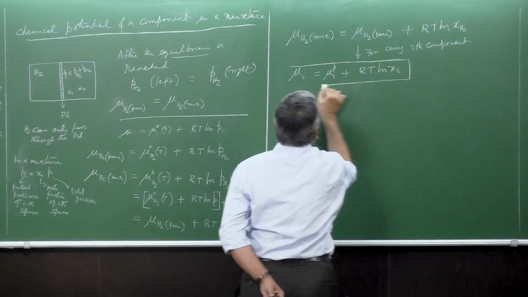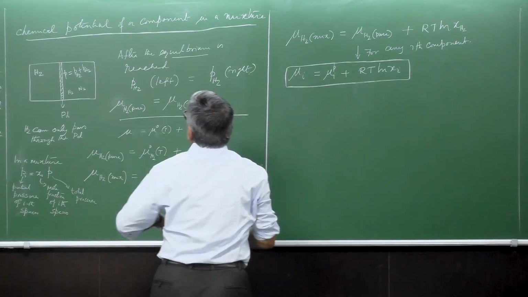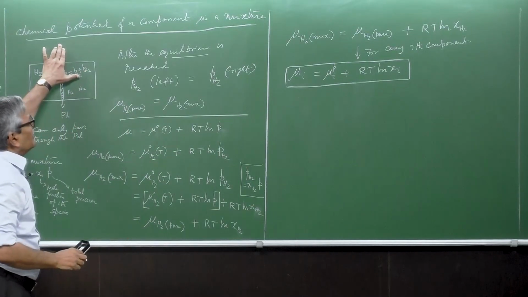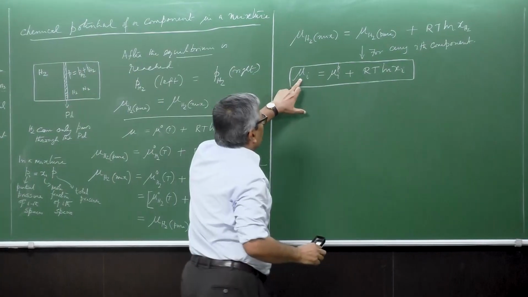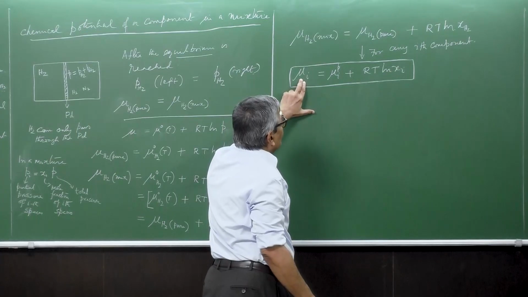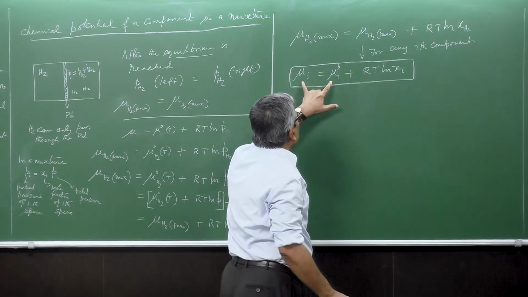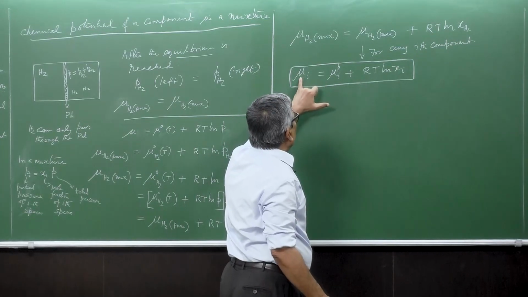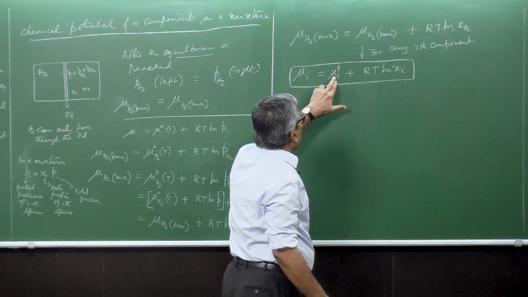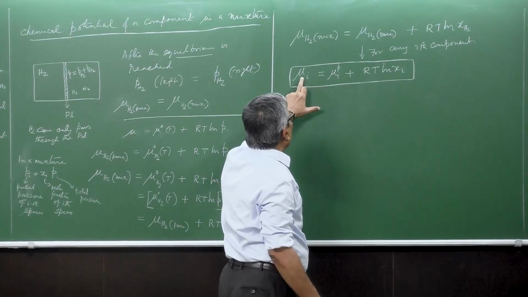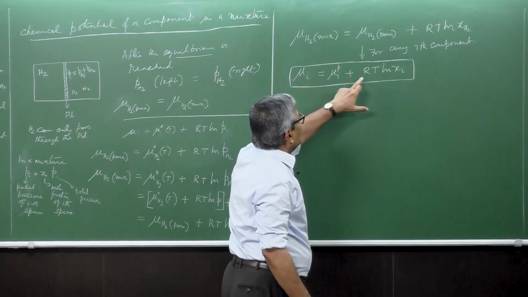This is basically the expression that we are trying to find out, the chemical potential of the ith component in a mixture. That means the difference between the pure component and the component in a mixture is this amount.